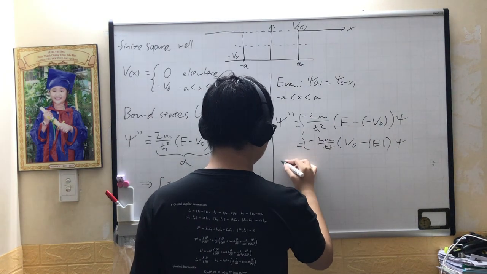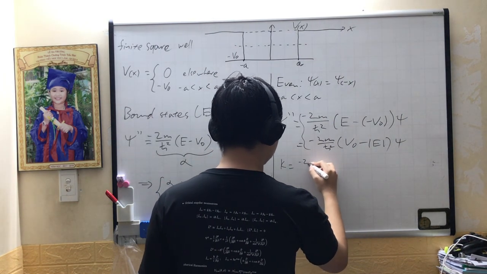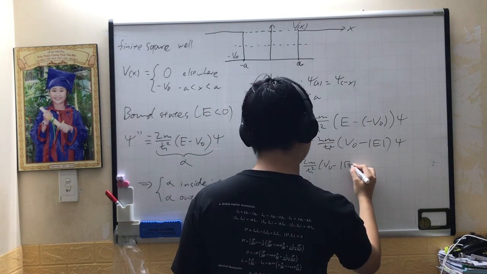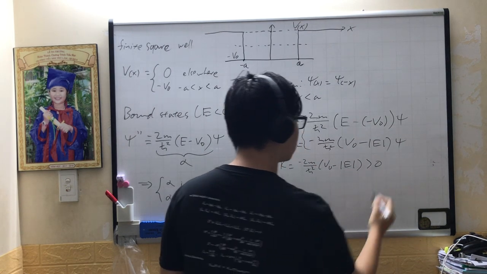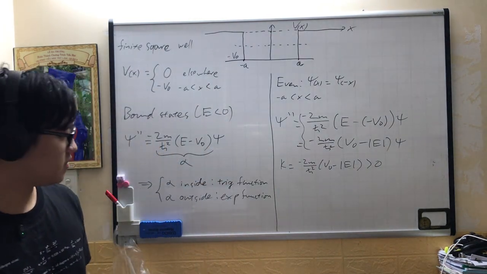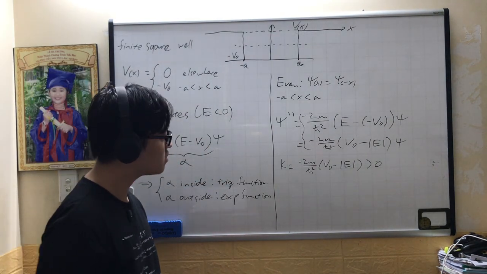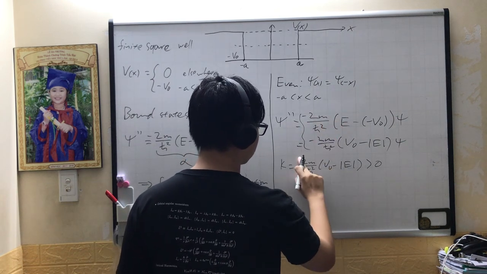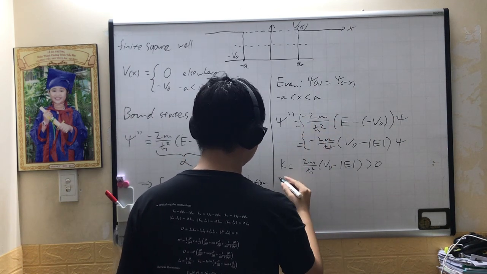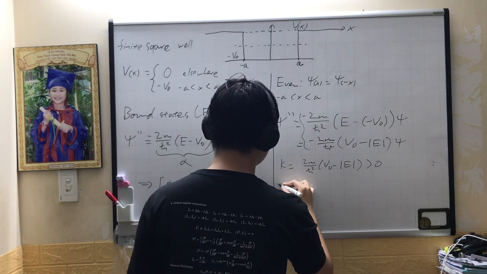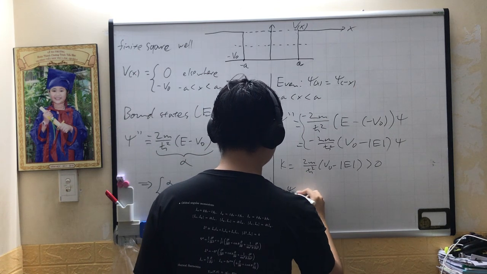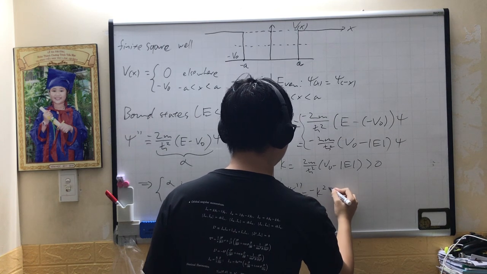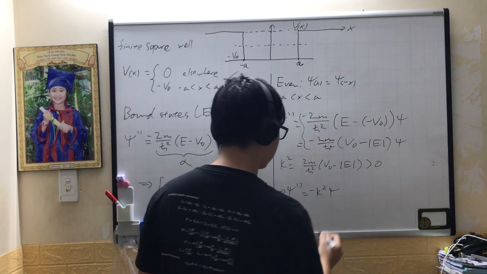So let's take k greater than 0. It is a minus 1 because there's the minus there. We're gonna rewrite this as minus k squared. Sorry, that is k squared.